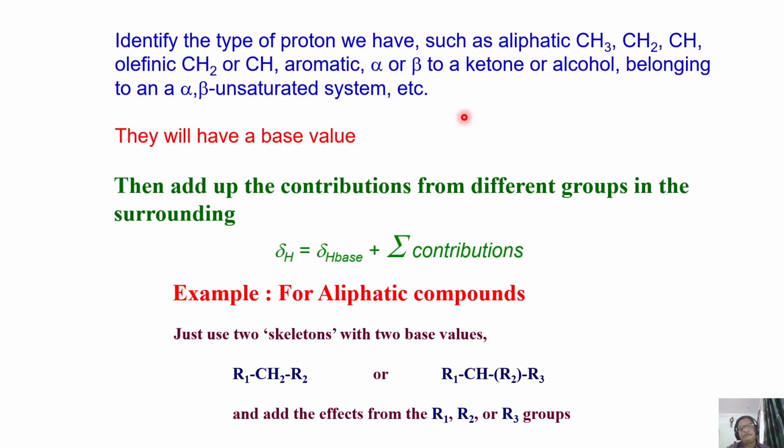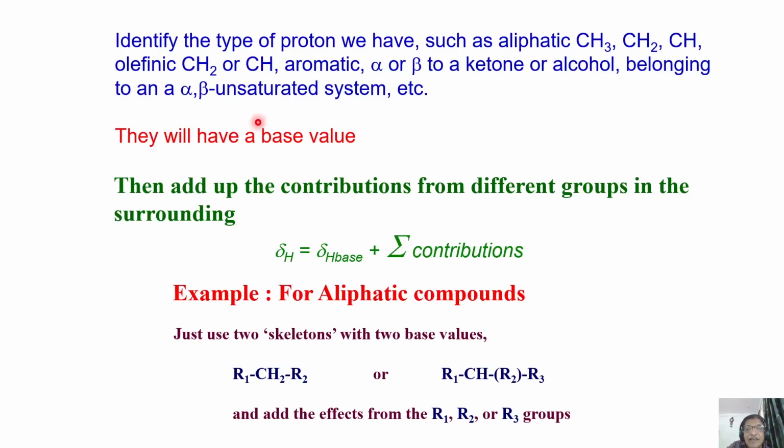What Schoolery said is, there is a base value of chemical shift for all those things. How do you get the base value? It is already there. People have worked it out, and we know that base value. It's given to you to start; you don't need to worry about it.